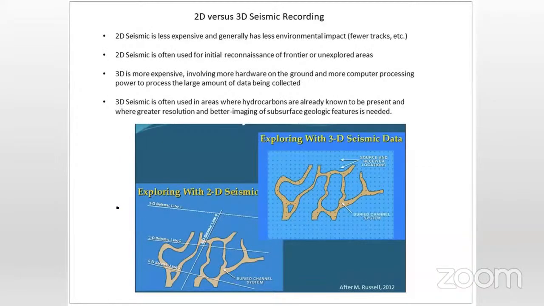Look at this line of 2D seismic. Assume that we have this line. It gives you just the depth of the horizon and very little information about, for example, geobodies. But for 3D, if they have a good interpretation, they can give you the 3D geobodies, channels, and so on.